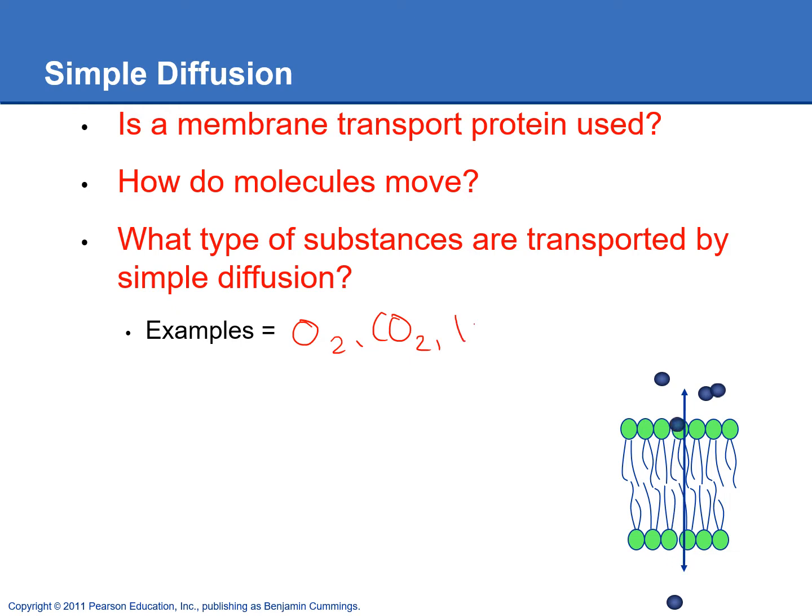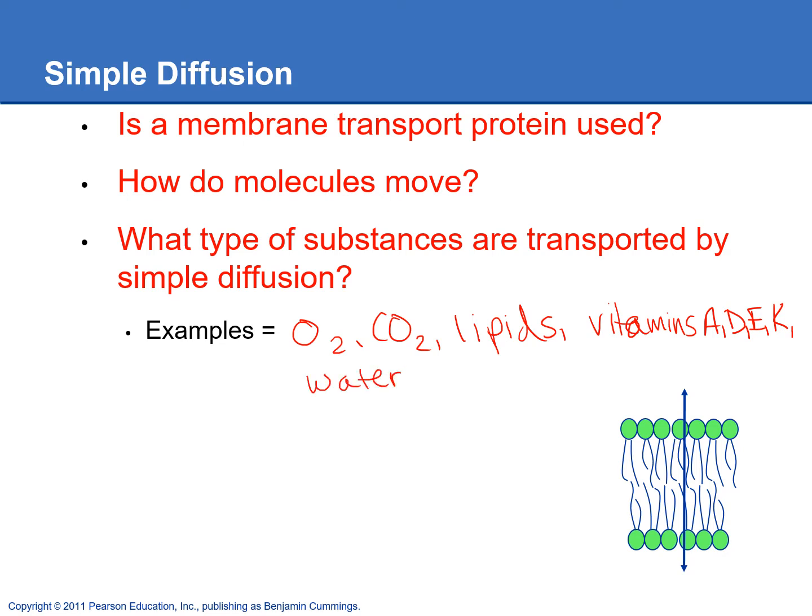We could have some of our lipids, like fatty acids. And then also we have some fat-soluble vitamins. Those would be vitamins A, D, E, and K. You don't have to memorize that. We'll talk about that when we get to the digestive system. We'll come back to that. But those are hydrophobic. And then the other one would be water.